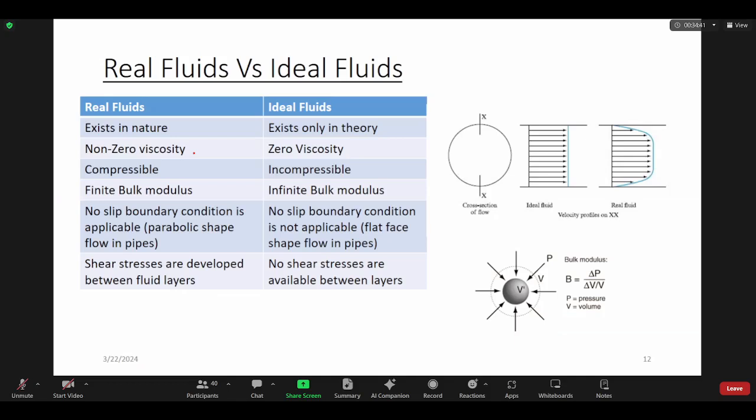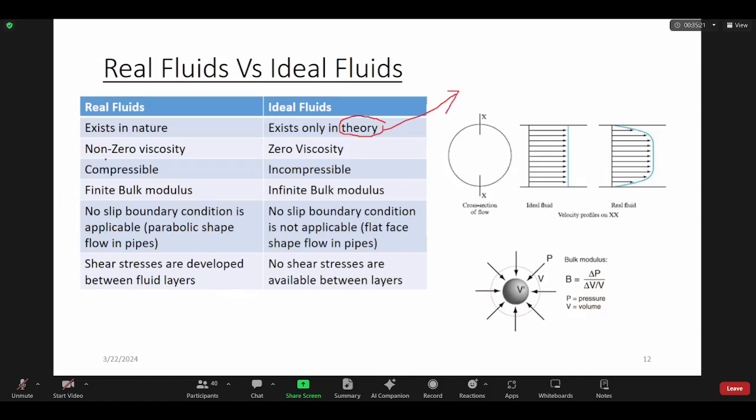We can use it in our calculations, but we can't really take ideal fluids in the real world. Some differences you can identify using this chart. Real fluid exists in nature, but ideal fluid exists only in theory. It means we use this one for our calculation purposes.